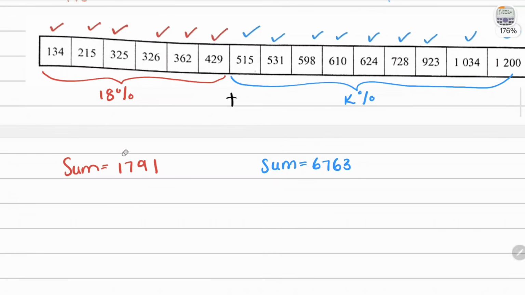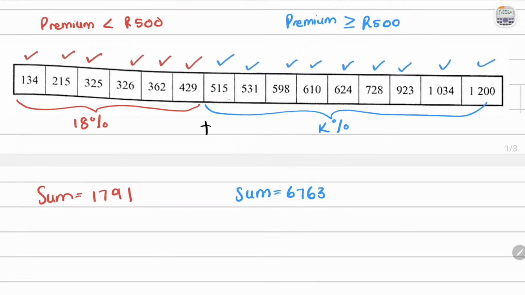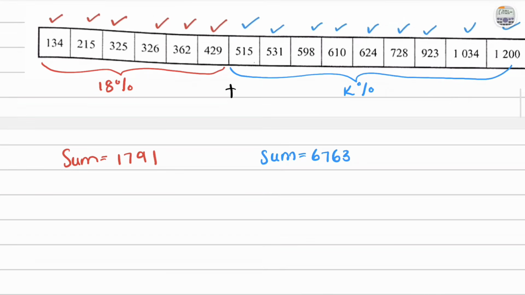Okay, so here is how we can actually create this equation. We know that this is just the sum of the values. It's not the average, okay? So the entire average is over 15 since we have 15 values. So what we can do is show the increase here first. Because this one is already a number, we can just say 1791 and then increase it by 18% by multiplying it by 1.18.